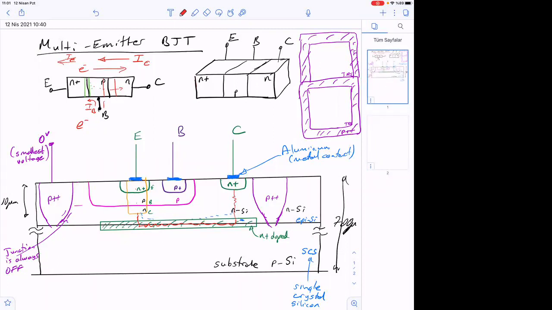Okay, so there's a buried N plus layer that reduces the collector resistance.